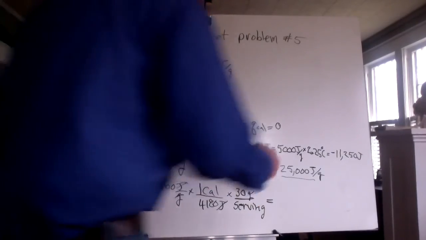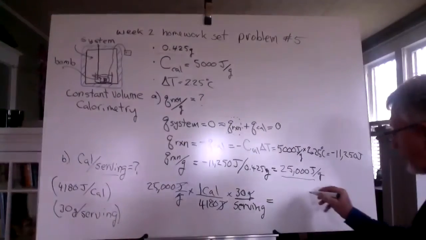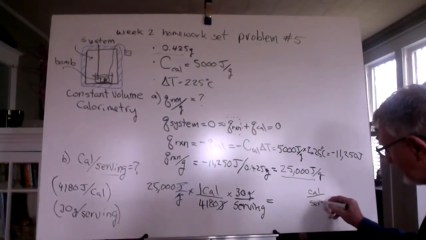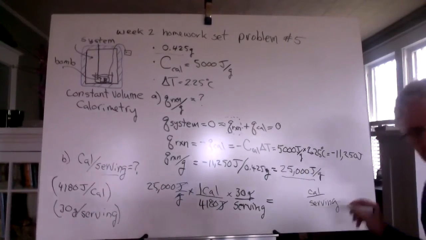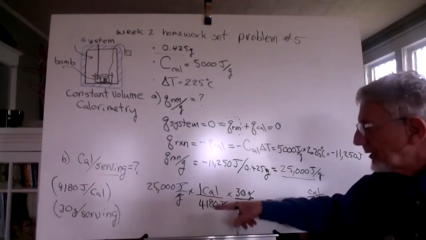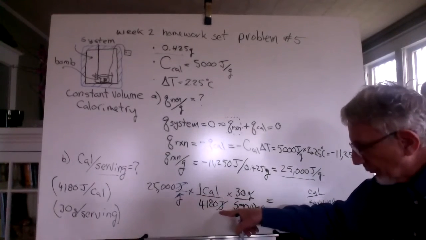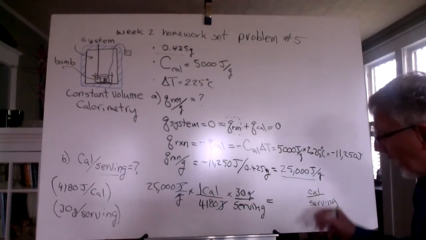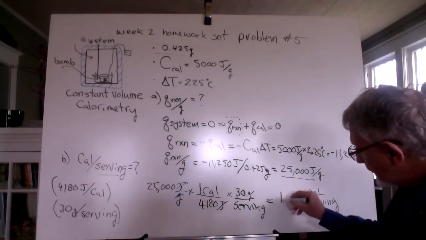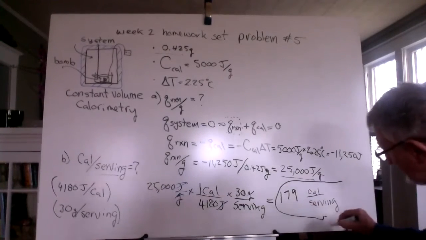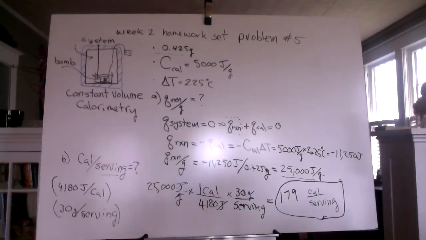And what are we left with? We're left with calories per serving. And you multiply 25,000 by 1 over 4,180, multiply that by 30 grams per serving, and you get 179 calories per serving. And that would be the answer for part B.